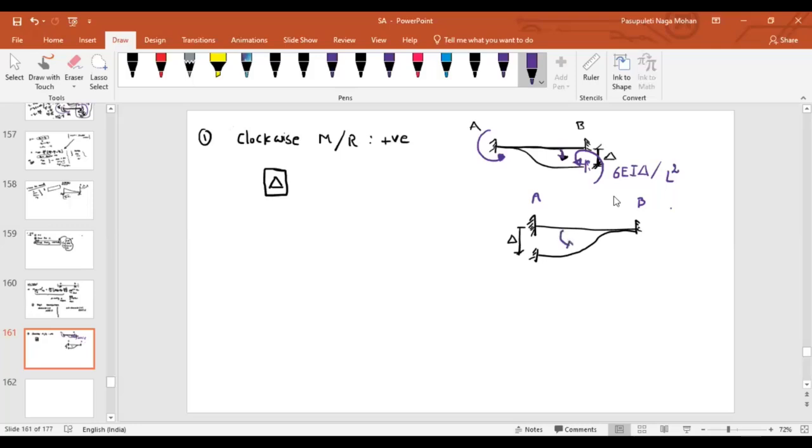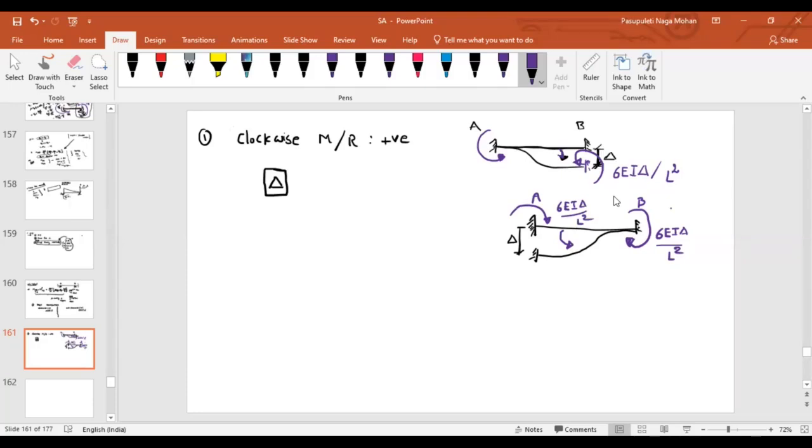Anti-clockwise. Then what about the resisting moments? Clockwise direction. So here a clockwise moment will be generated. What is it? 6EI delta by L square. And here also it will be clockwise, that is 6EI delta by L square. Right?